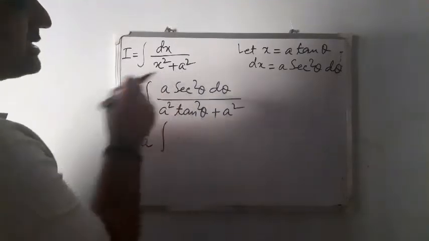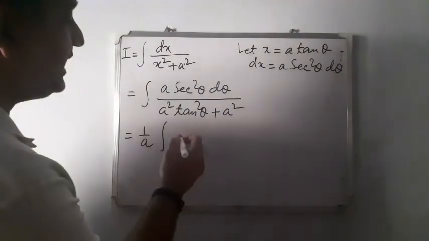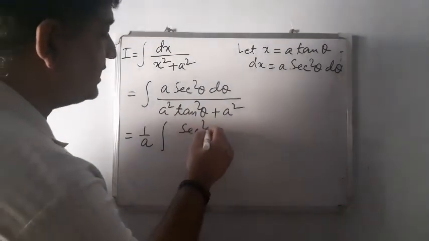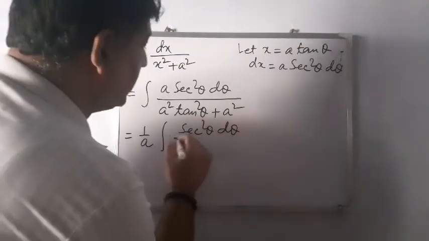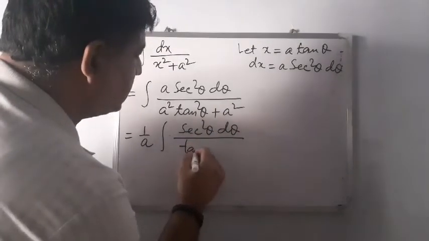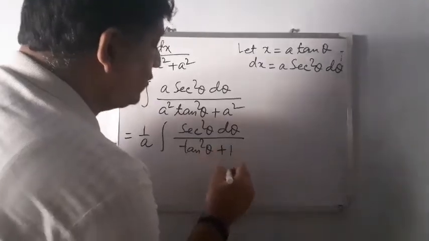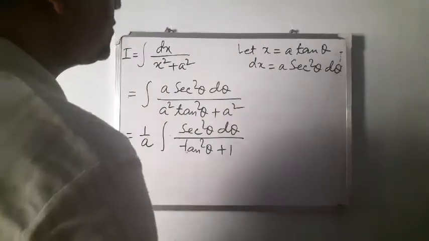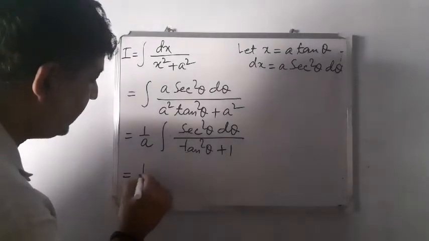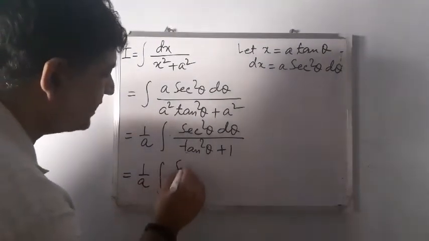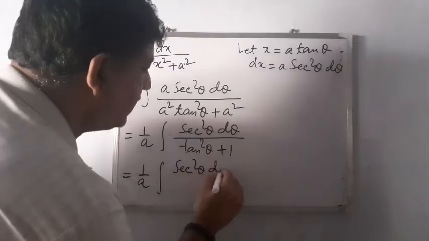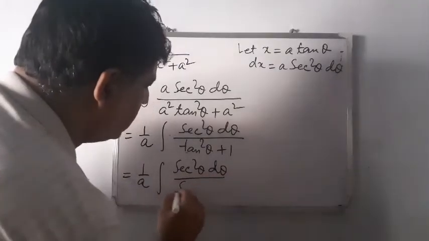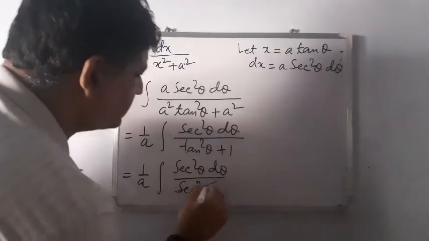A square cancels out with a, so at first you write 1 by a. We have 1 by a integral sec square theta d theta divided by tan square theta plus 1. Now this tan square theta plus 1 is nothing but sec square theta. So you can write 1 by a integral sec square theta d theta divided by sec square theta, and this sec square theta cancels out.